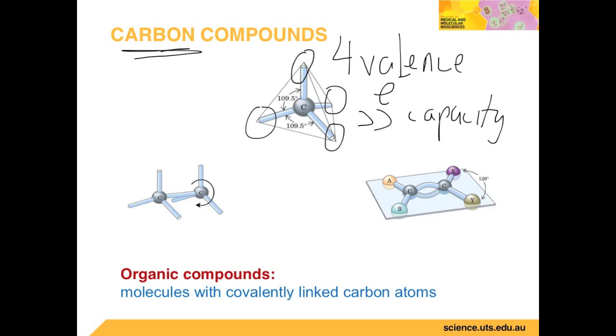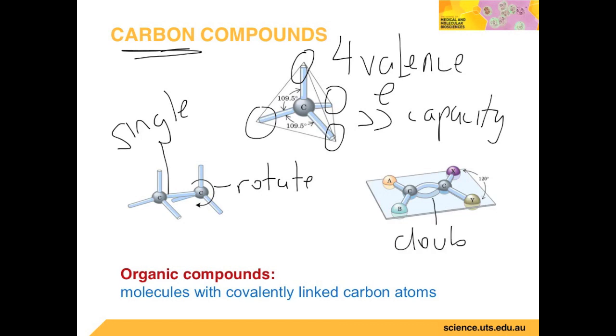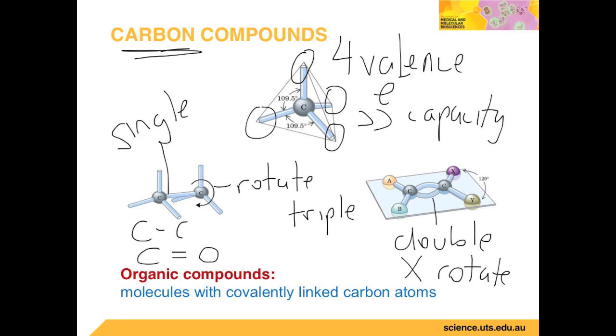Now, compounds with carbon can be single bonds, and single bonds rotate in space, or they might be double bonds which don't rotate. And we've also got triple bonds for carbon. Now, carbon can bind to itself, or it can bind to other elements, for example, binding to oxygen or binding to hydrogen.